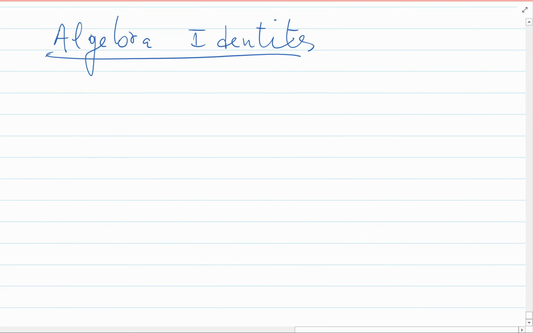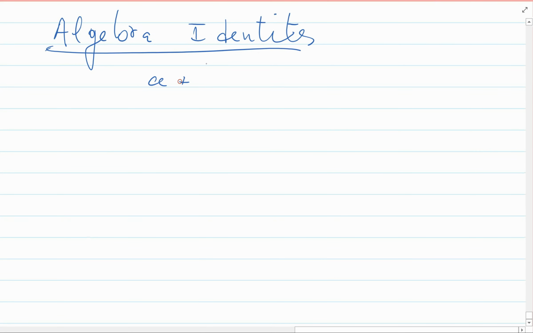Let us continue with some algebra properties and identities. For example, we know that (A plus B) squared is A squared plus 2AB plus B squared.